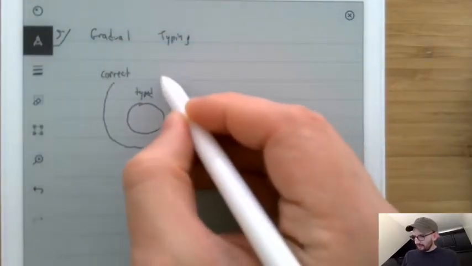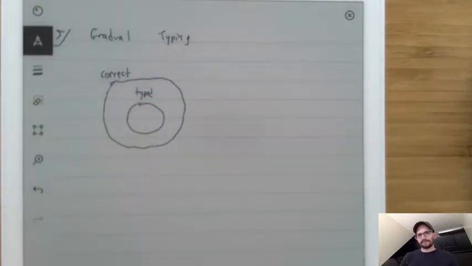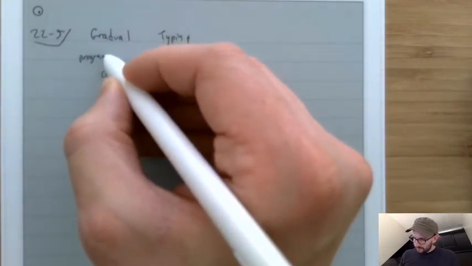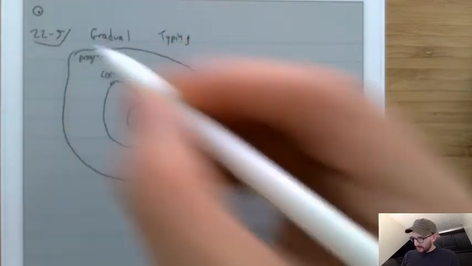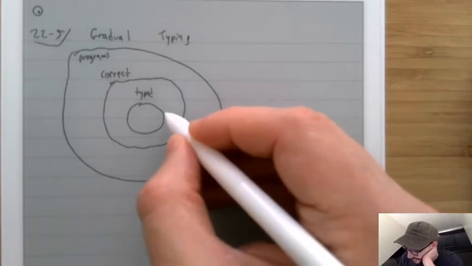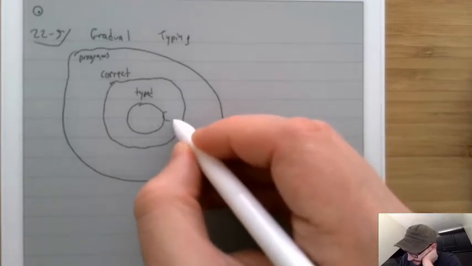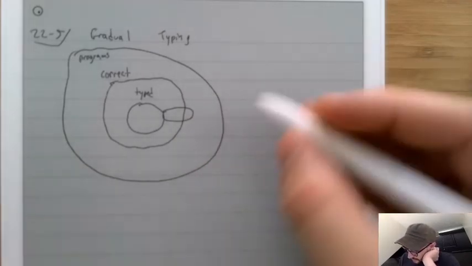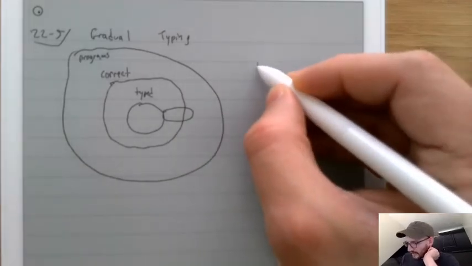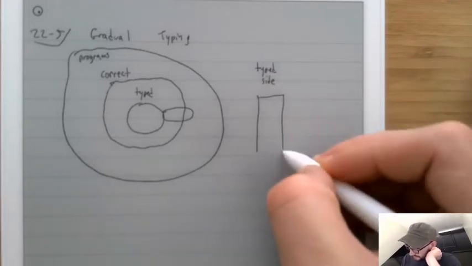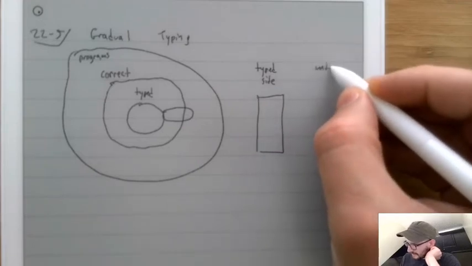And here are the correct programs, all right? And then what gradual typing allows, and then of course there are all programs. What gradual typing does is it says, you can write a program that sits in this region right here. And what we do is, your program has two parts. It has a typed side, and then it has an untyped side.